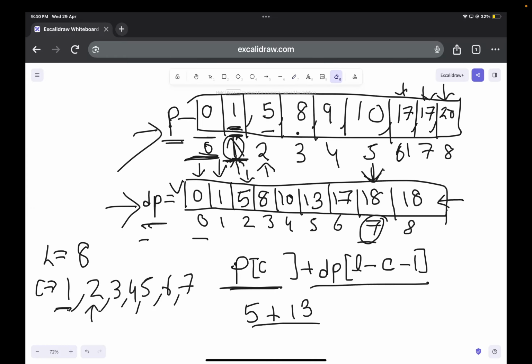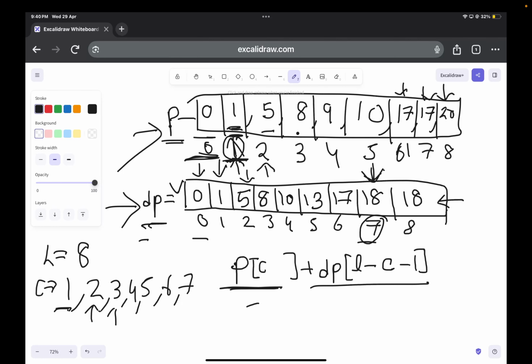Next. What is next? 3. If you cut 3, it is 8. 8 plus dp of the remaining 5, so dp of 4, which is 10.